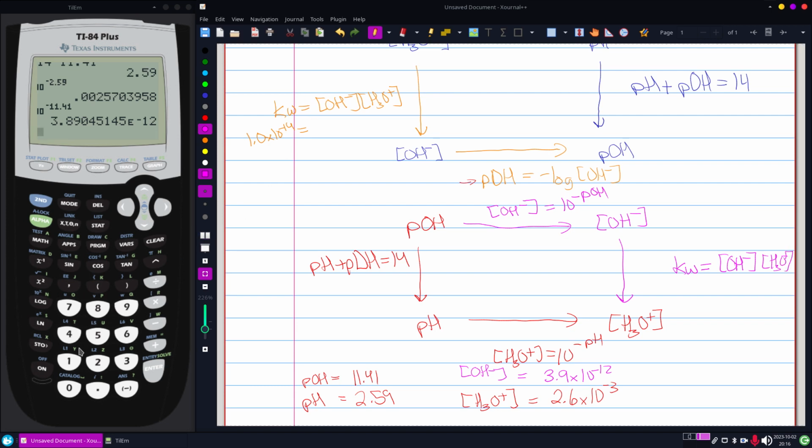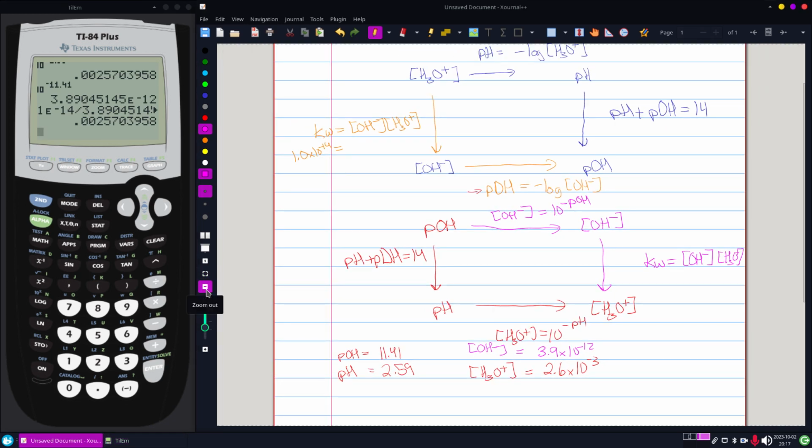So I'm going to take 1 times 10 to the negative 14th divided by the 3.9 times 10 to the negative 12th, and I get that same value again, 2.6 times 10 to the negative third. And that gets us a full cycle of how we convert any of our pHs or OHs or hydroniums or hydroxide, how they all relate to one another.